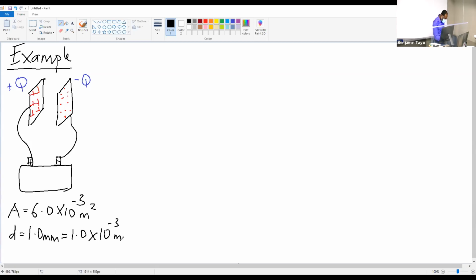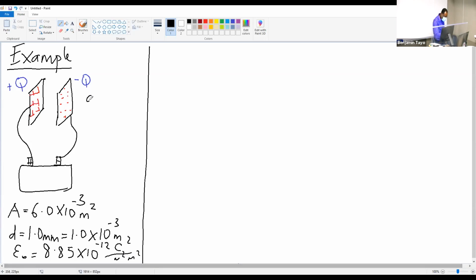And then we know that this value here, epsilon naught, has a value of 8.85 times 10 to the negative 12 Coulomb squared divided by Newton meter squared.